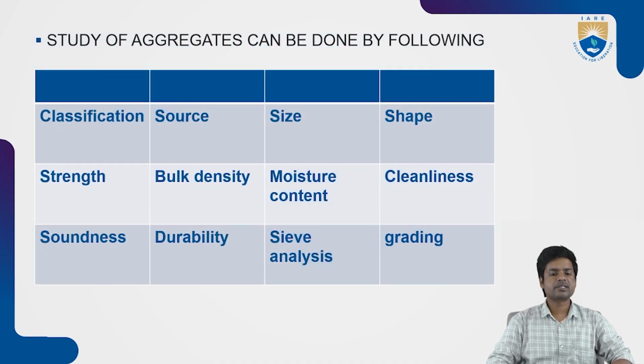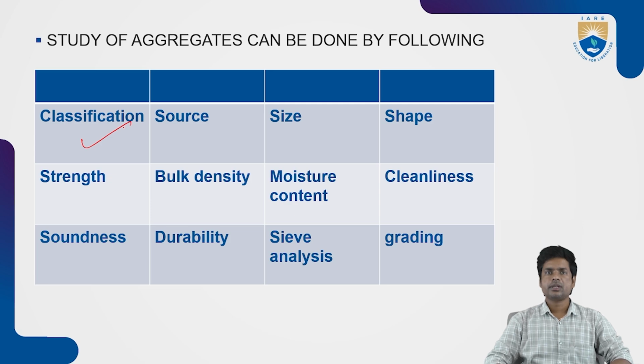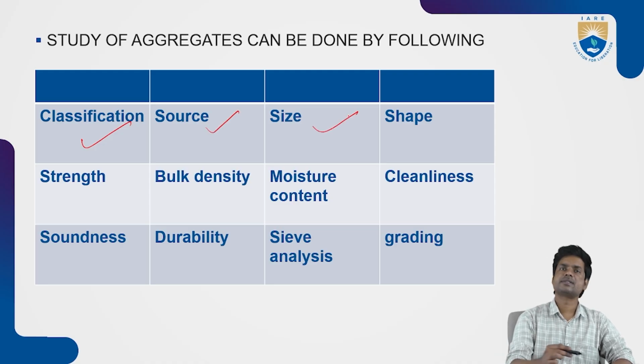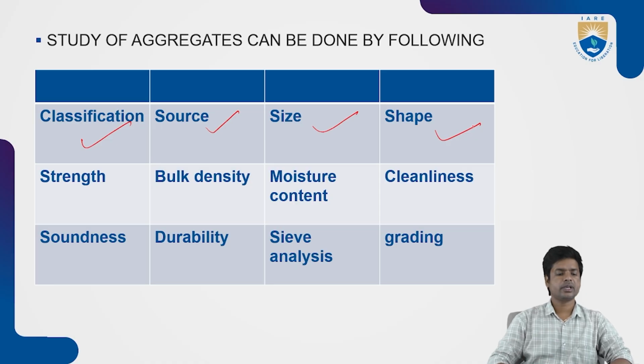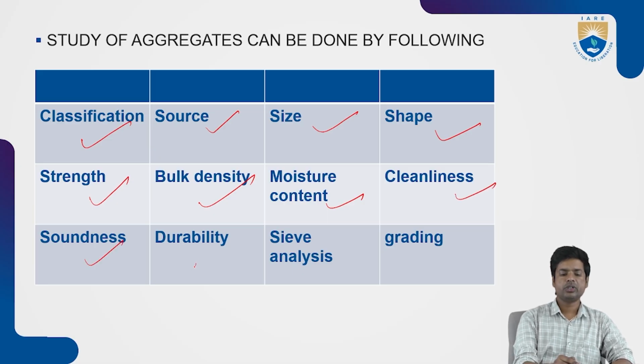The study of aggregates can be done by the following test methods. The first one is based upon the classification, that is one of the properties we are going to study. And then source, from where we are going to collect, size of the aggregates, shape of the aggregates, strength of the aggregates, bulk density, moisture content, cleanliness of the aggregates, soundness of the aggregates, durability of the aggregates, sieve analysis of the aggregates, and grading.